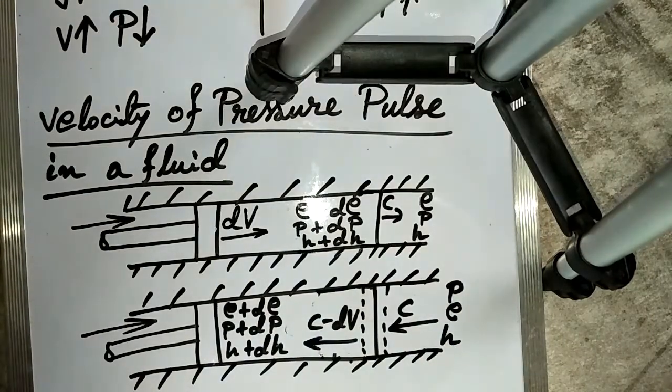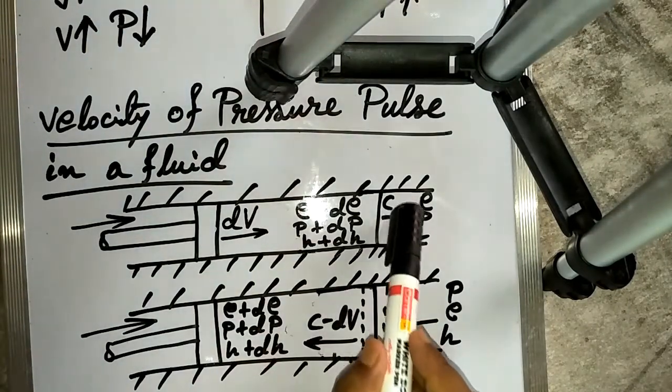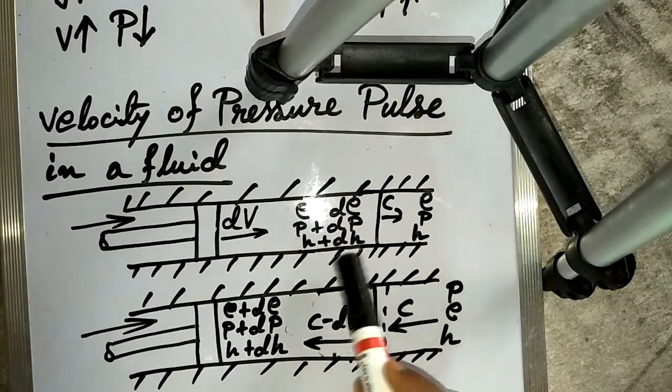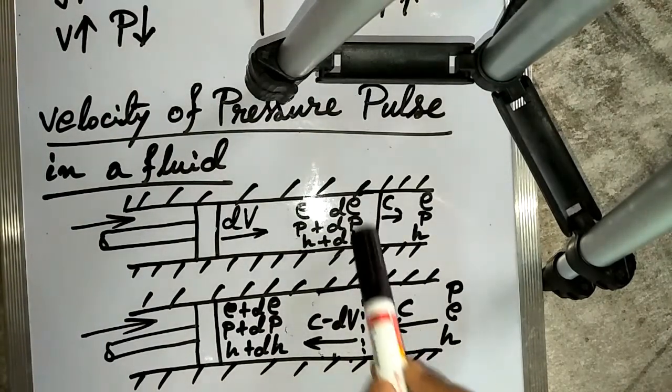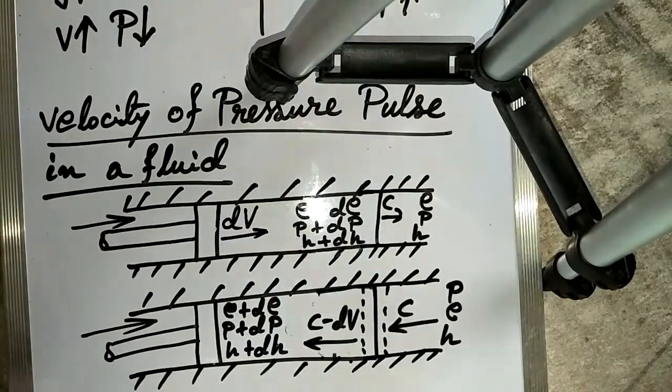This line is the pressure wave, which moves at a velocity c towards the right, and beyond that wave front, this is the wave front.